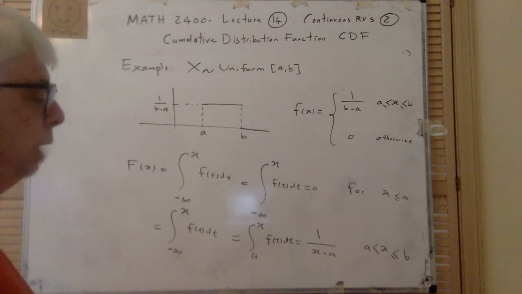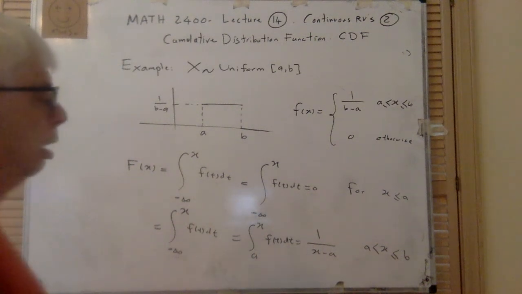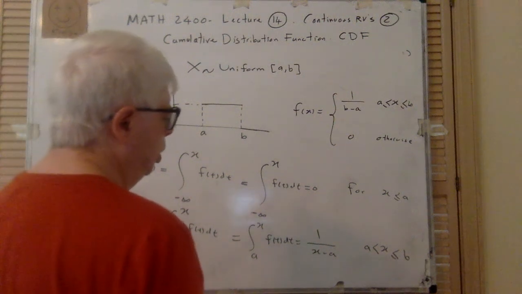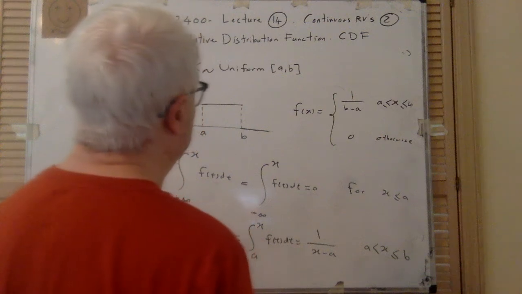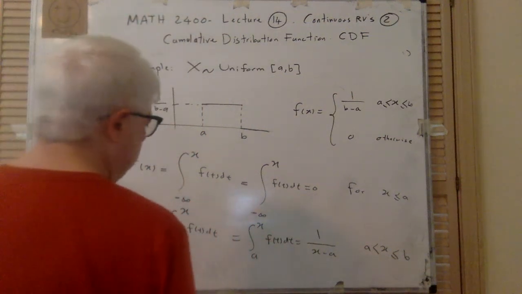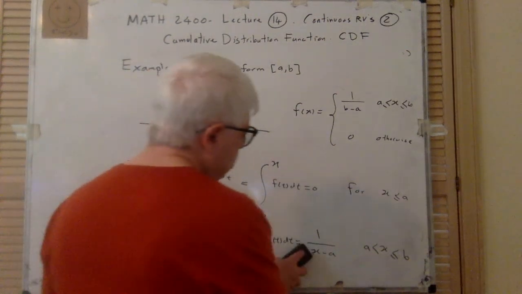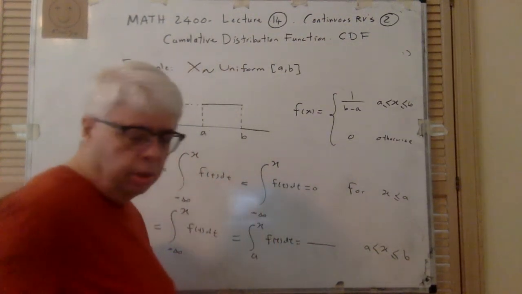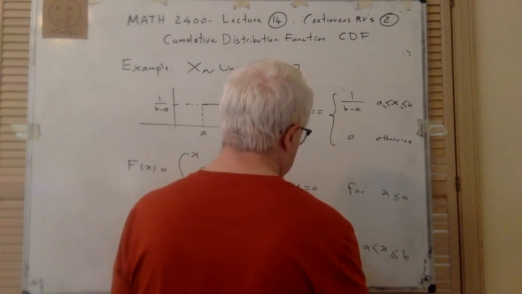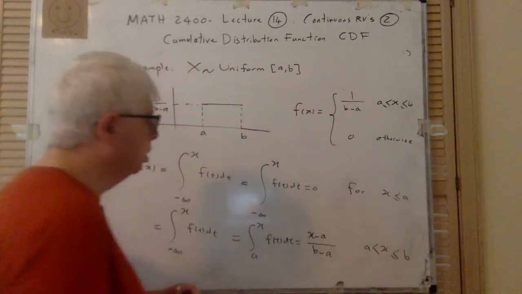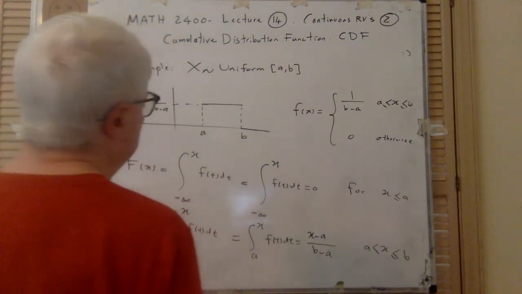You see, x can't be a, because then you have 1 over 0. Sorry, this is incorrect. This is x minus a over b minus a. I'm making stupid mistakes. So that is x minus a over b minus a.